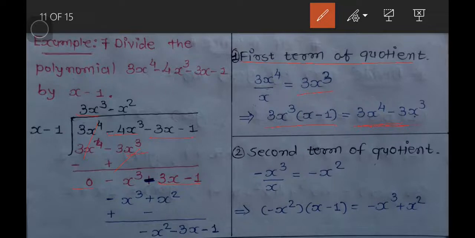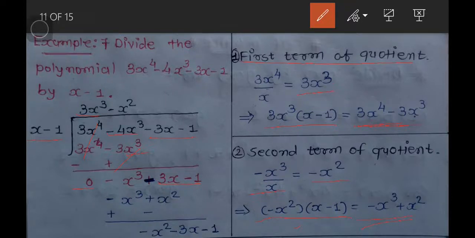Now again, to find the second term of the quotient, we repeat our process. That is, the first term, minus x cube, in the dividend, we divide it by the first term of our divisor, that is x. Then we get minus x square, and we multiply it with our divisor. Then we get minus x cube plus x square, and we subtract it from our new dividend.